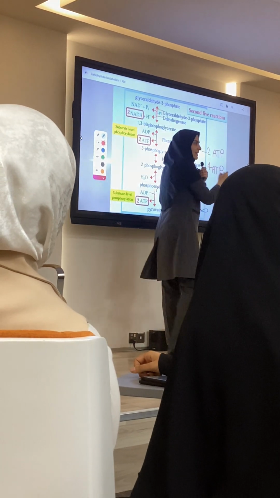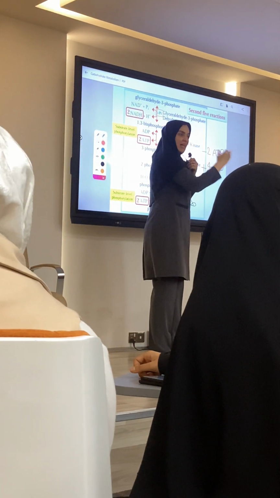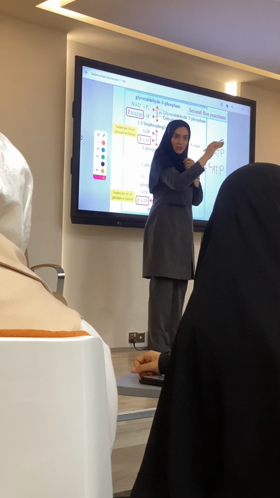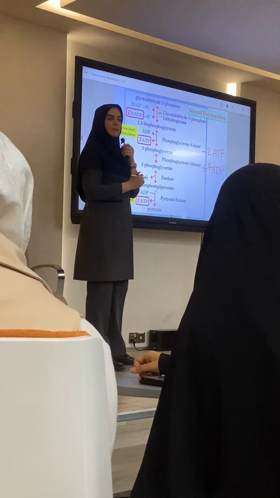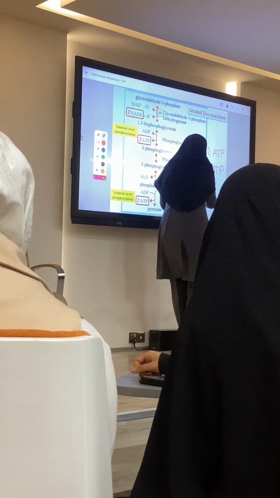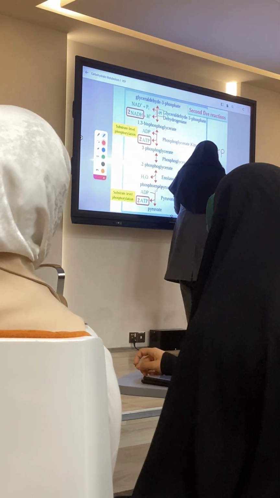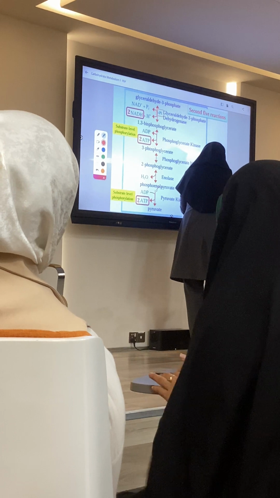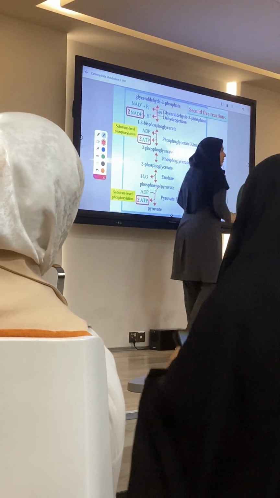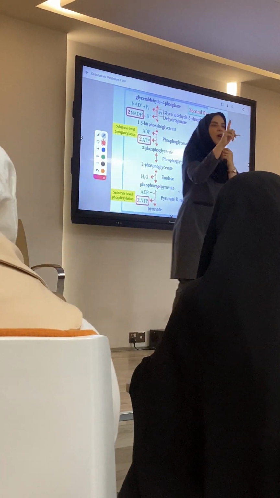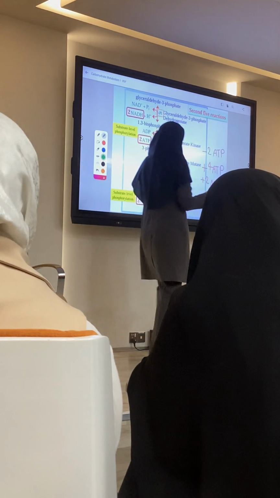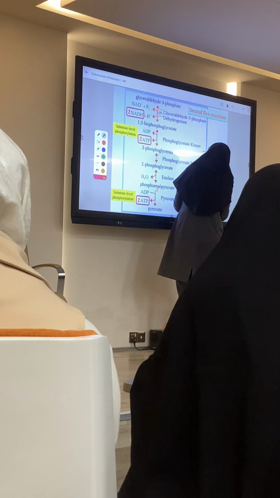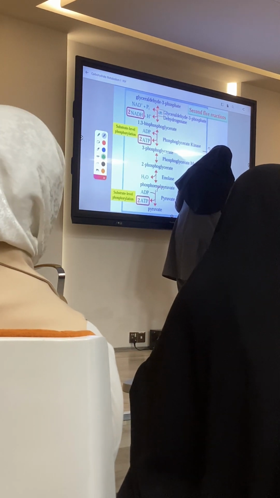I wrote the amount of ATP in total for the 10 reactions. Okay, how many NADH are produced? 2. Plus 2 NADH. How many ATP are produced from 1 NADH? 3. I will tell you how. So 2 times 3.